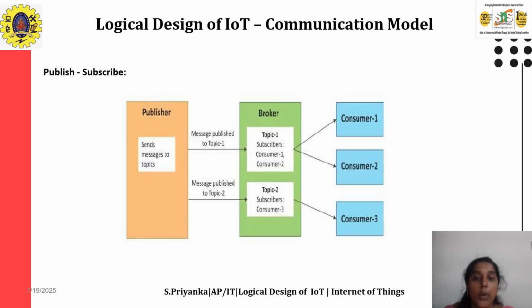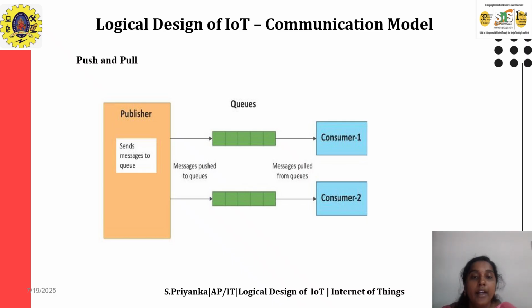Publishers are not aware of the consumers. The consumers subscribe to the topics which are managed by the brokers. When the broker receives the data for a topic from the publisher, it sends the data to all subscribed consumers.